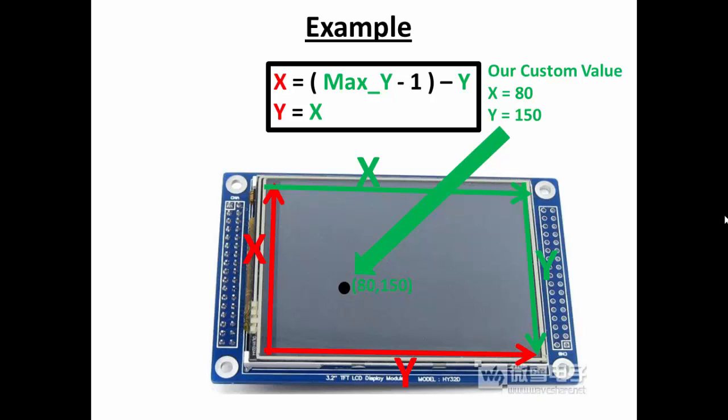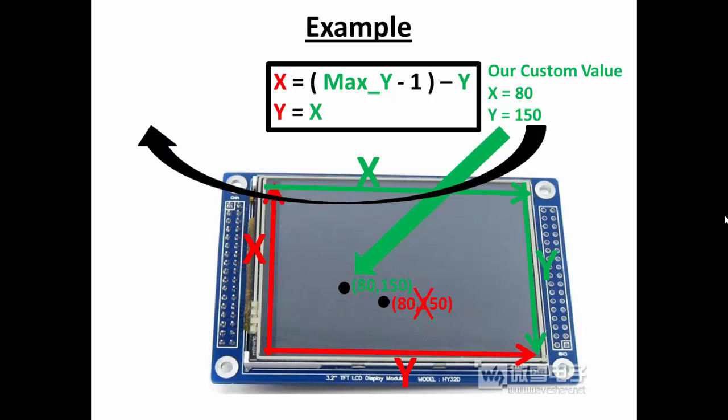Now as you can see, this is the point we are referring to on the LCD screen. But if we directly give these x and y values to the LCD, it will represent a different point, because its axis lines are different from what we are assuming. So this will be wrong.